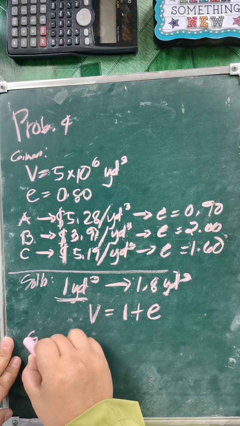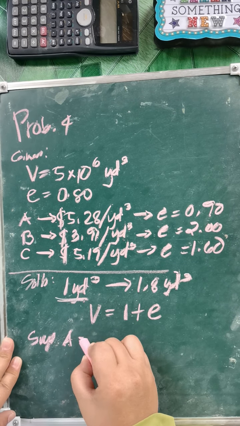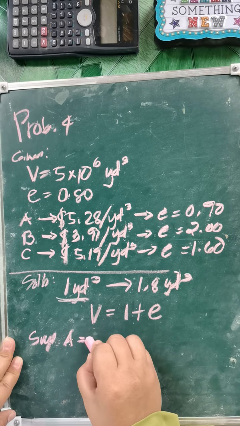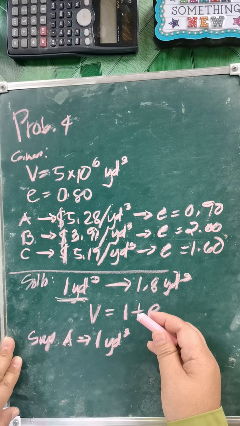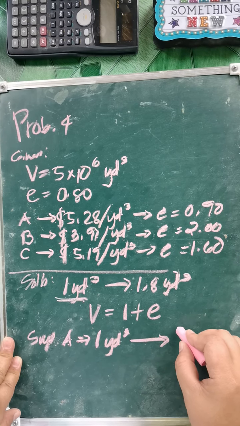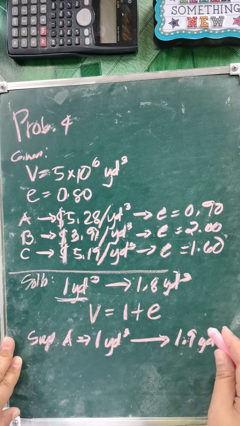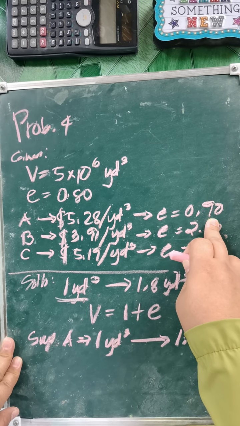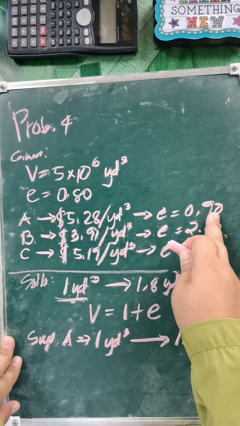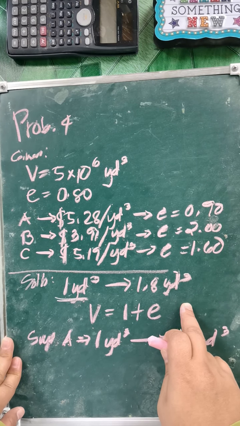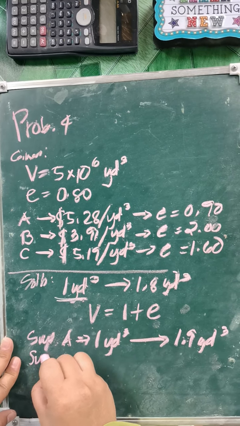So for supplier A, for one cubic yard of solids, you would need 1.9 cubic yards of fill. So we have 1 cubic yard plus 0.90 cubic yards of voids. So we have 1.9.